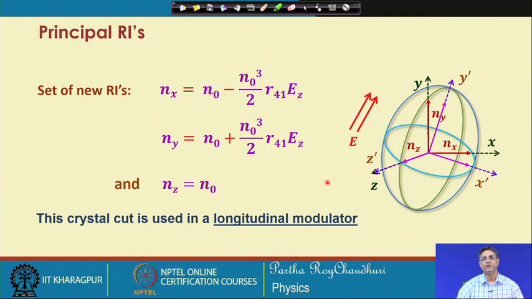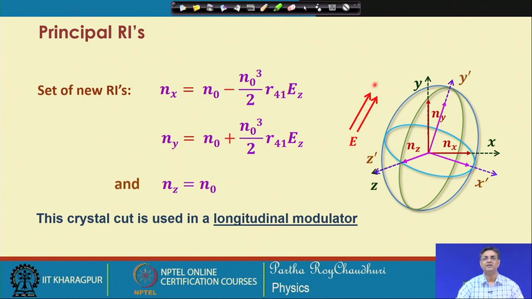So if you apply an electric field along this direction, and you inject light to travel through the medium in this same direction, then this light, which has two orthogonal polarizations, will experience two different refractive indices along x and y when the electric field is there.